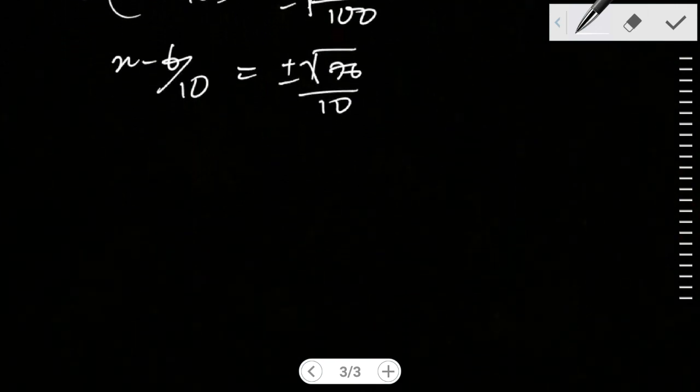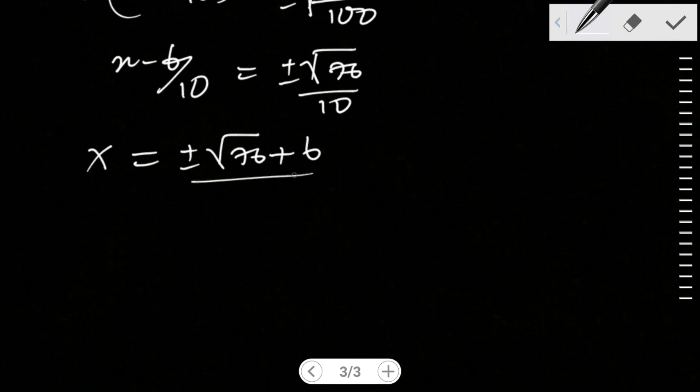And so x would be equals to positive or minus root of 76 plus 6 all over 10.